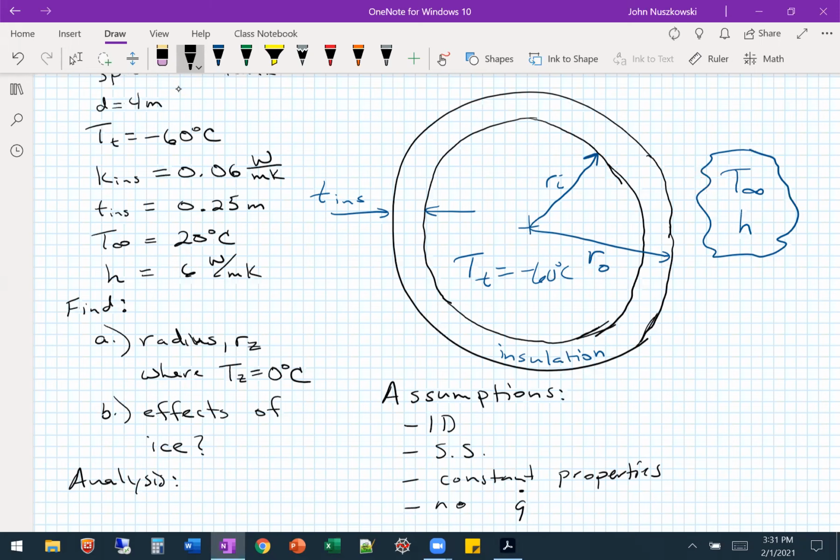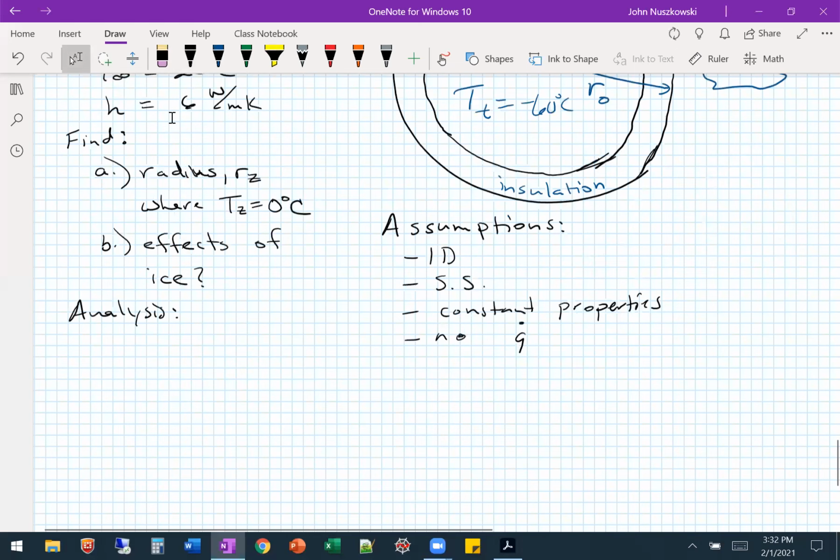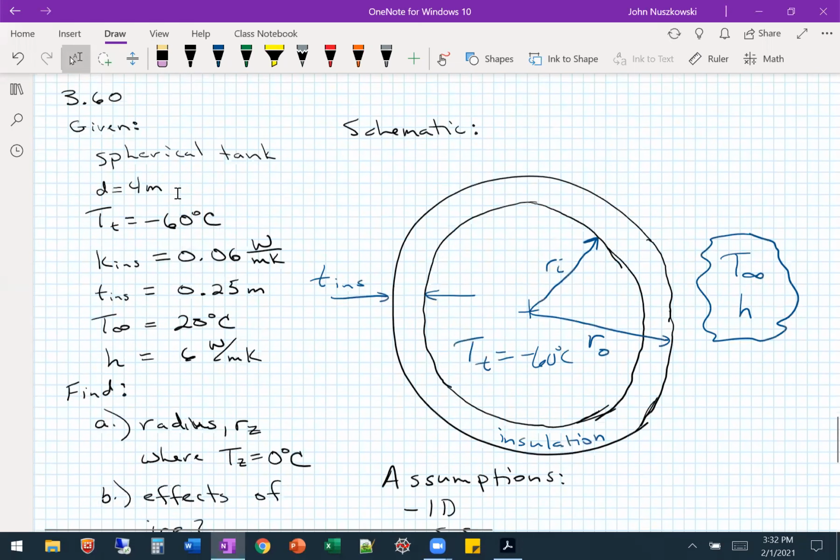So that's what we applied to the heat equation to get the solutions we can use here. All right, so where would you start to solve this?